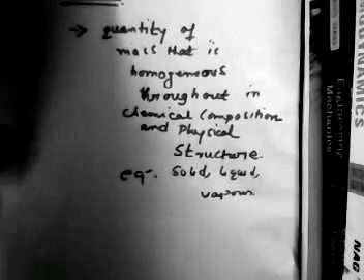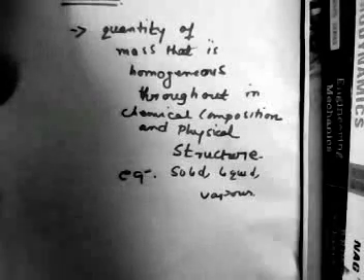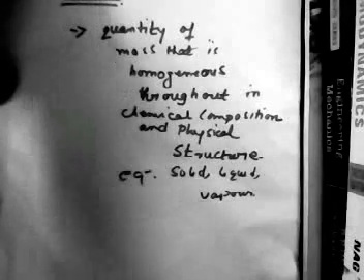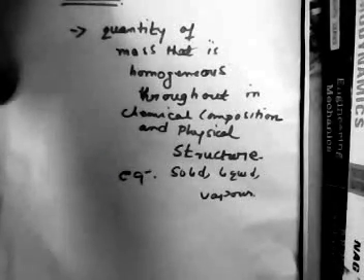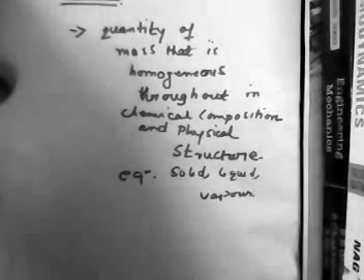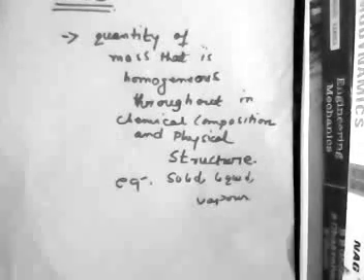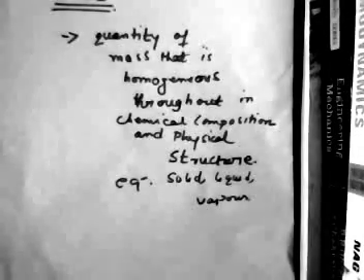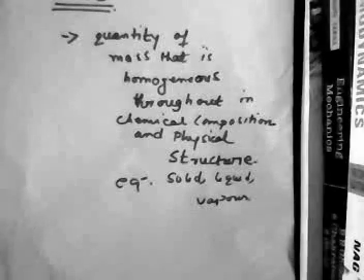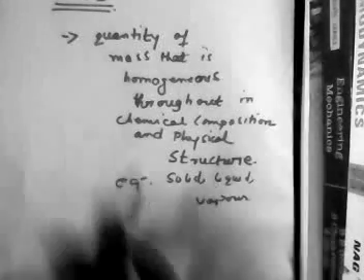If a system consists of more than one phase, it is known as a heterogeneous system. But what we are going to deal with is a homogeneous system, where the chemical composition and physical structure are homogeneous throughout.